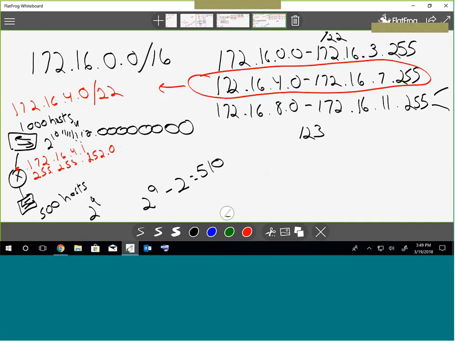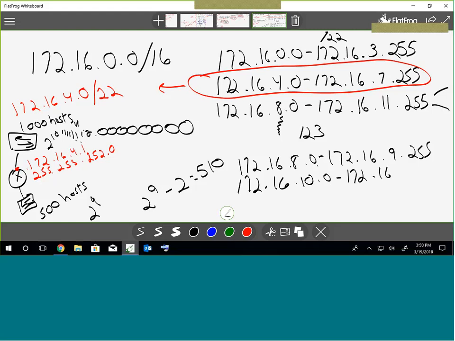So we can break this network right here, this subnet. By the way, there's a lot more subnets here. I just stopped, okay? But I could break that one down to 172.16.8.0 to 172.16.9.255 and 172.16.10.0 and 172.16.11.255.